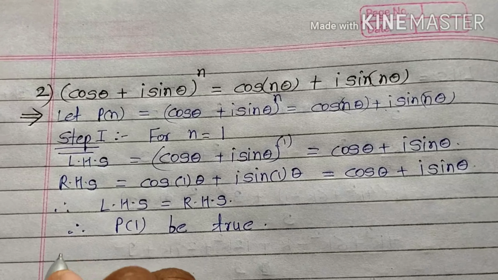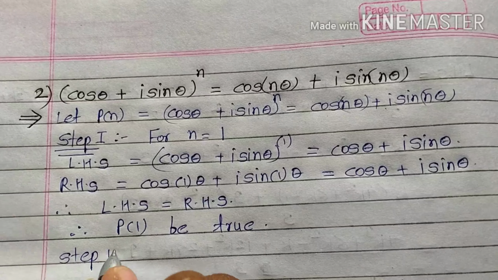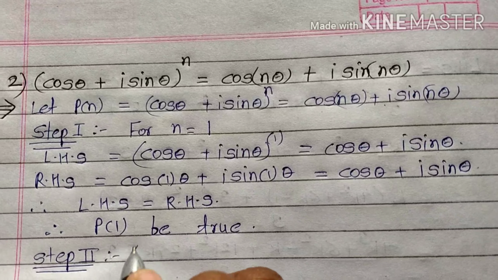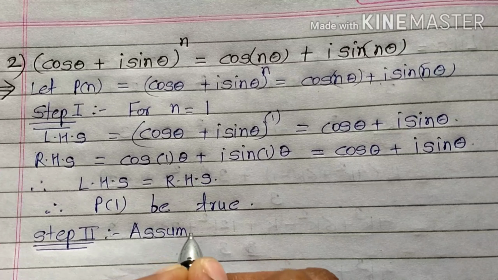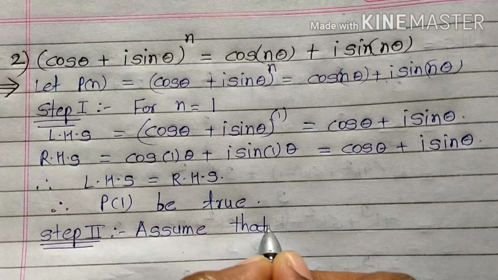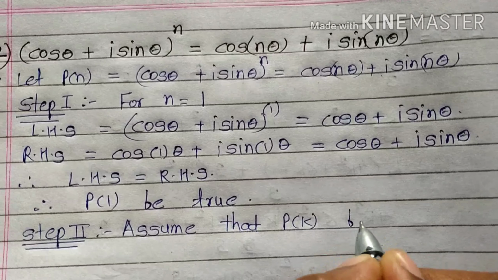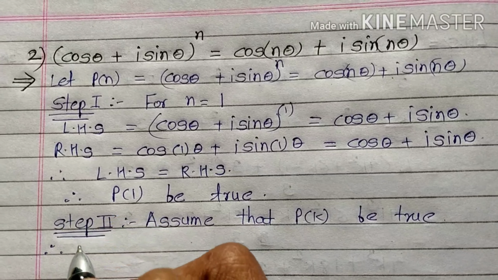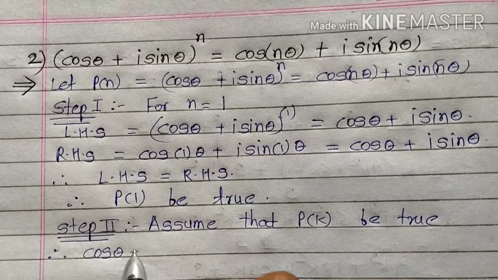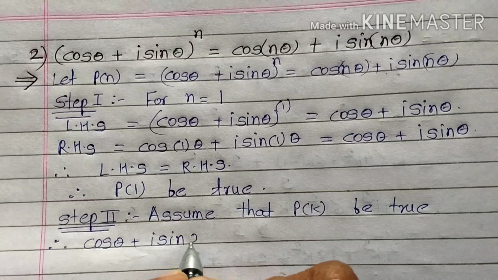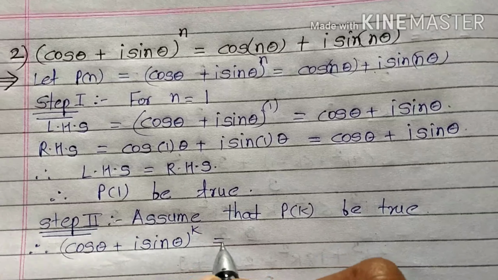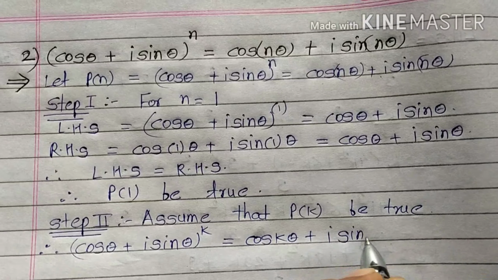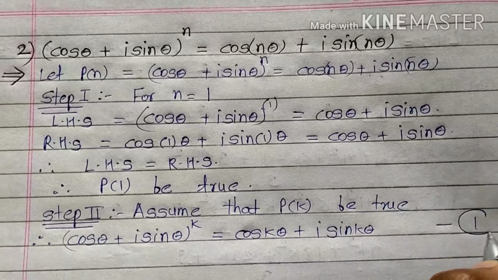Now in step second, assume that P of k is true. So therefore cos theta plus I sin theta raised to k is equal to cos k theta plus I sin k theta, and call it equation first.